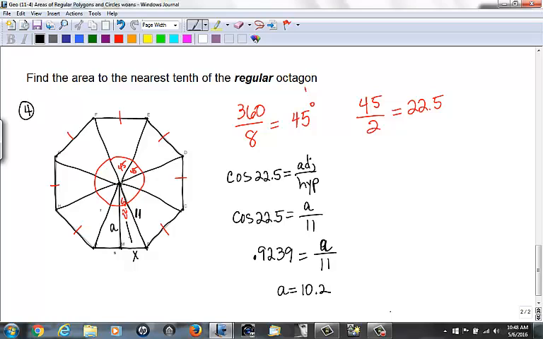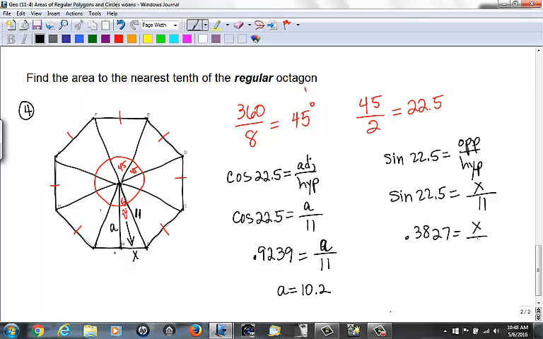Then let's figure x. In terms of that angle, x is the opposite, and we know the hypotenuse is 11. So sine of 22.5 is opposite over hypotenuse. Sine of 22.5, the opposite would be x, the hypotenuse would be 11. So figure sine of 22.5, I get 0.3827 equals x over 11.